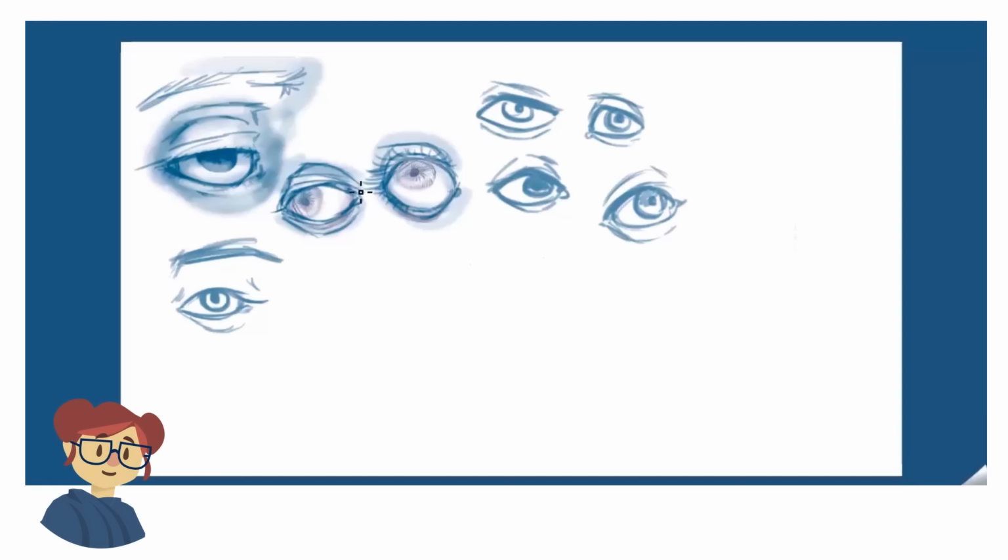Oh, the little dot that I make in the corner of the eye, that is the lacrimal duct, and it's where the moisture that keeps our eyes moist comes from, and also our tears.